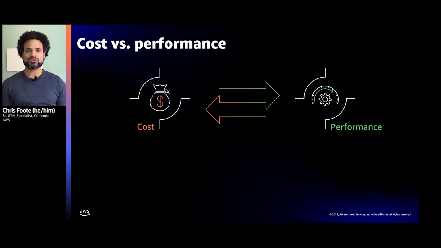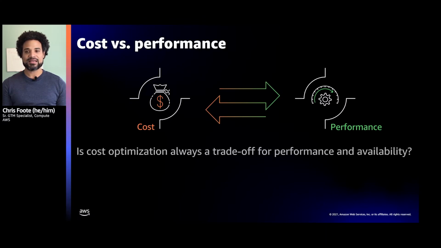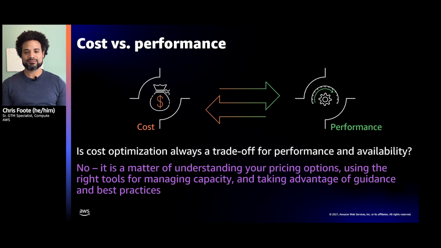But what if I told you that you could keep your performance requirements met and not sacrifice low cost? So is it a trade-off? The answer is no. It's really a matter of understanding what your available pricing options are and leveraging the right tools to manage capacity and take advantage of that guidance to form best practices around.